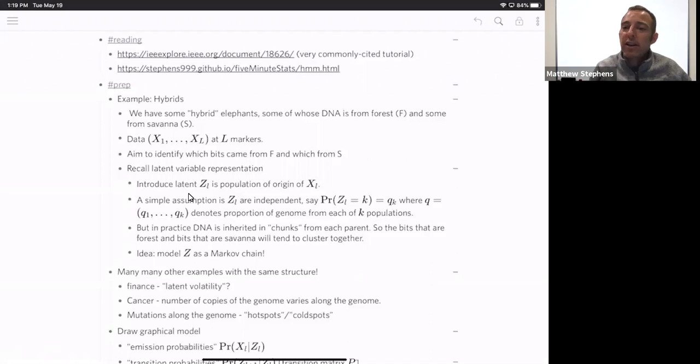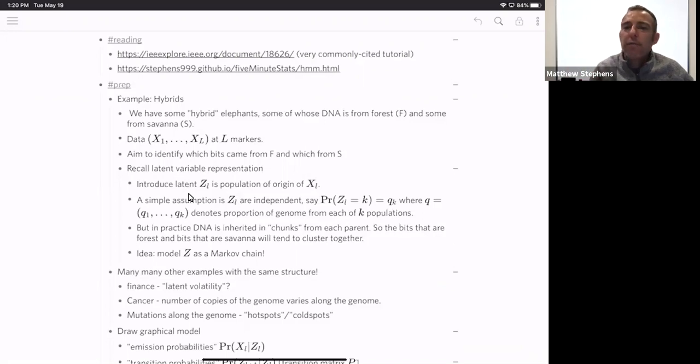It can be of interest to try and identify which bits of your genome were inherited from a Neanderthal ancestor many generations ago. So again, the Neanderthal parts of each genome will occur in chunks.